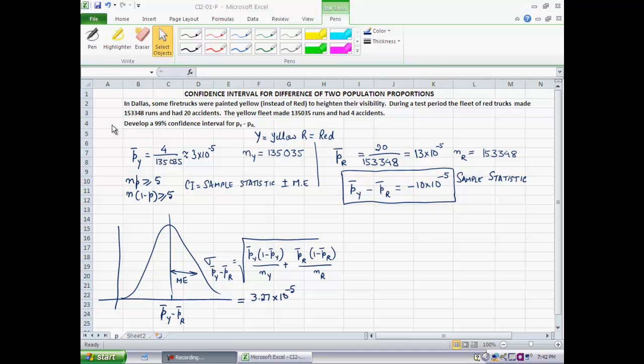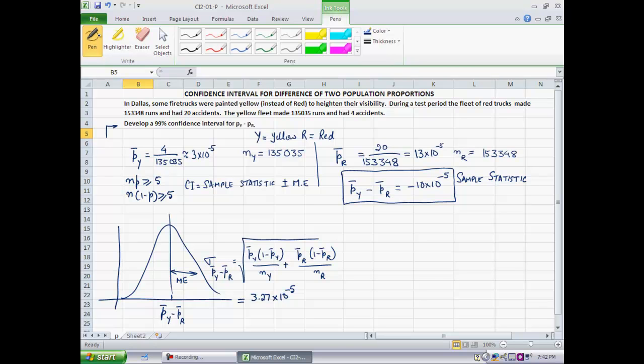So we are to develop a 99% confidence interval for PY minus PR. What do those letters represent? The subscript Y represents the population of all yellow fire trucks, and the subscript R represents the population of all red fire trucks.